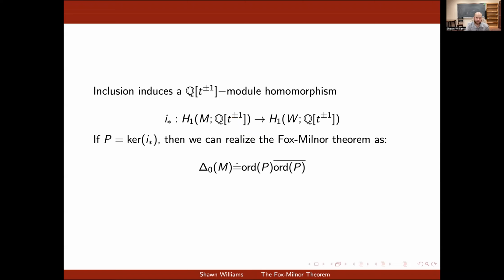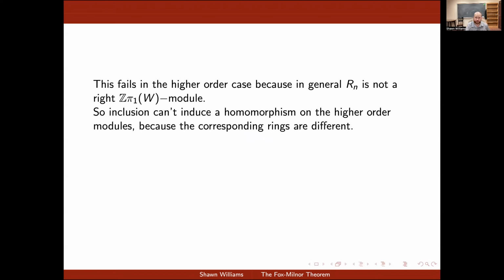This breaks down when we try to move to the higher order covers, because in general, R_n is not a right Z[π1 W] module, meaning that our coefficients for our higher order modules don't necessarily extend over any given n solution.